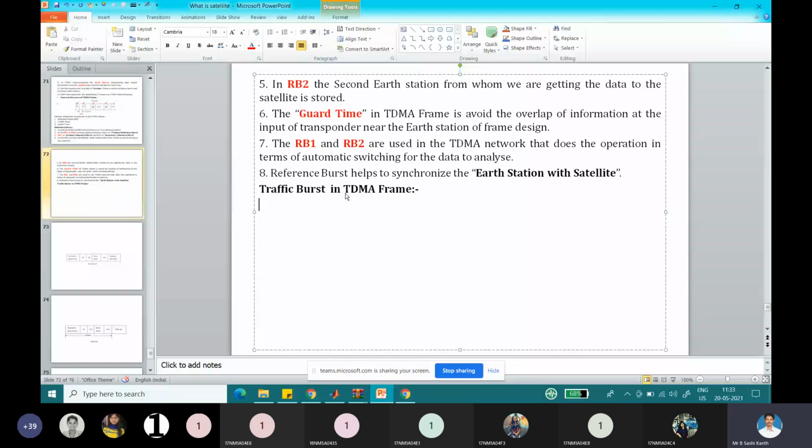So the traffic burst in the TDMA frame, we'll write in terms of points. The traffic burst carries information from the Earth station.